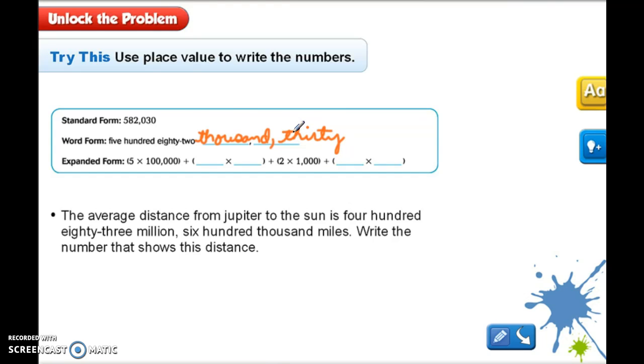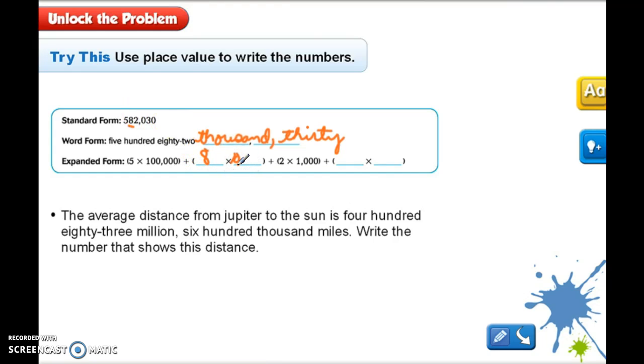Now we're going to put that into expanded form. You have done expanded form in the past. So it's really just taking that number and multiplying it times what the place value is. So the 5 is in the 100,000s. Plus what? Where is our 8? 10,000. So we're going to have 8 times 10,000.